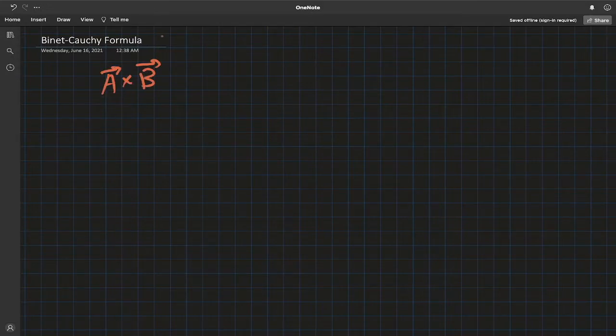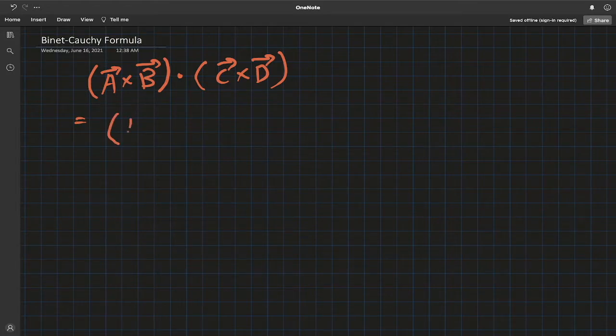A cross B dotted with C cross D. Let's use a subscript summation directly. I'm skipping the steps of showing the cross in those terms.